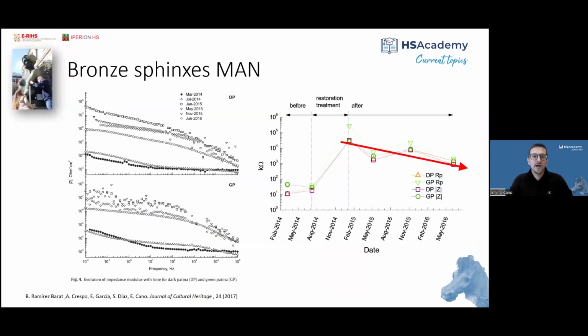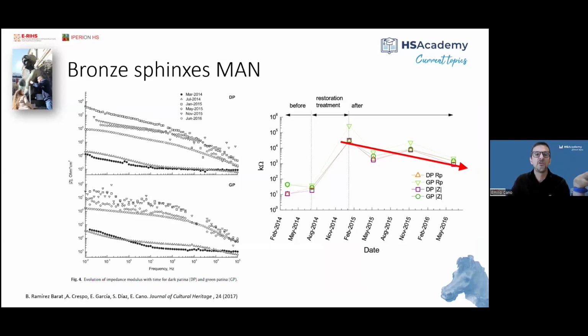And what can we learn from that? For instance, with the example of the bronze sphinxes, we measured them before and after a restoration treatment. On the left, you can see the modulus of the impedance in two different parts of the patina: what we call the dark patina at the top and the green patina at the bottom.